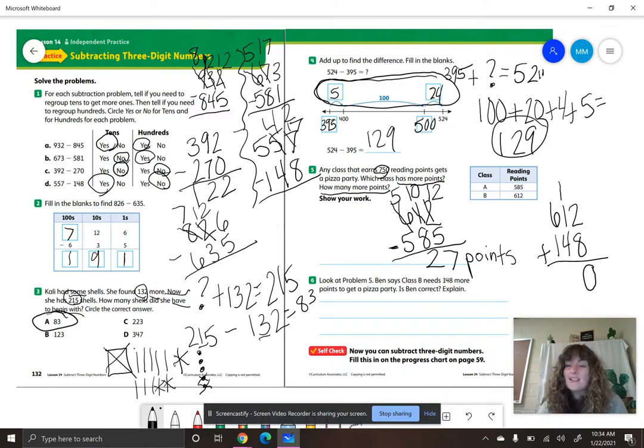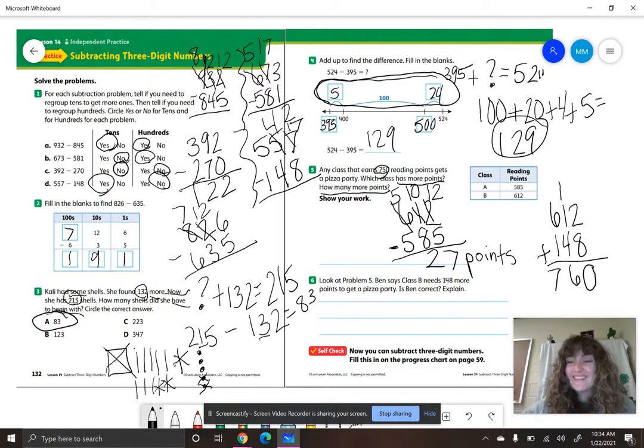And now I add my tens. 1 ten plus 2 tens is 3, and 3 plus 4 is 7. I don't need to regroup, and so I can move to my hundreds. 6 plus 1 is 7. All right.